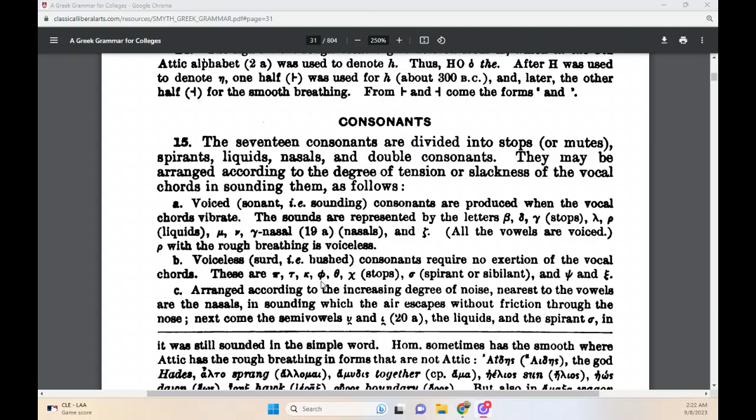Note that the letter phi, if pronounced correctly, is actually just the P with breath. It's pa, pa, pa. So it's an aspirated P. So beta is a voiced P, and phi is an aspirated P. So pay attention to that relationship.